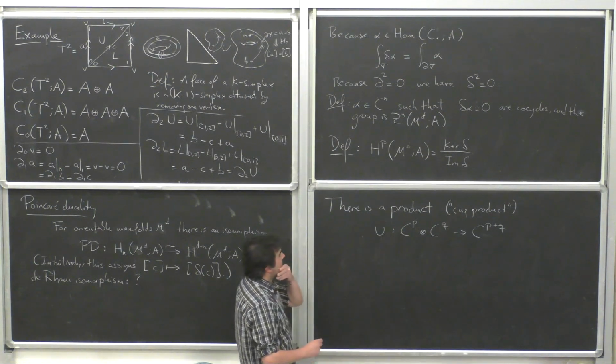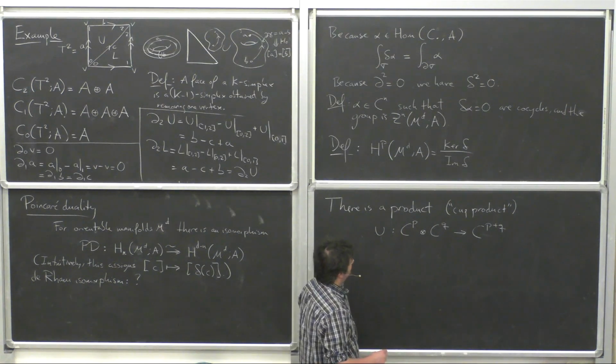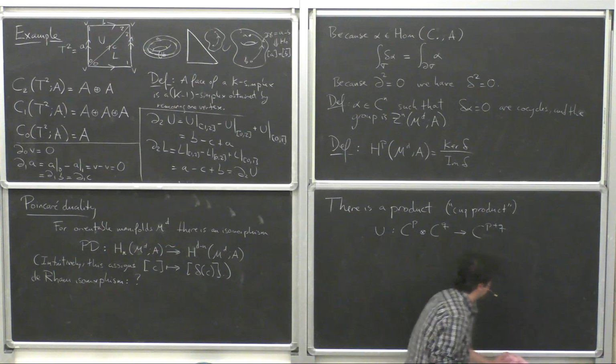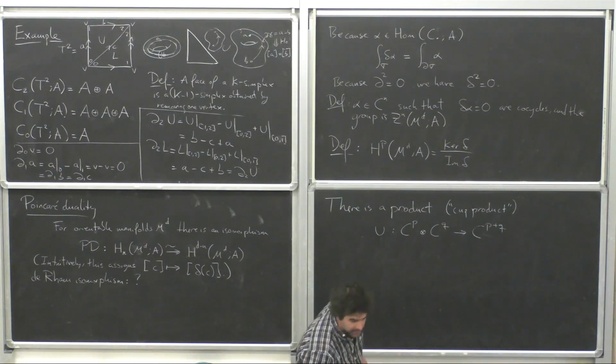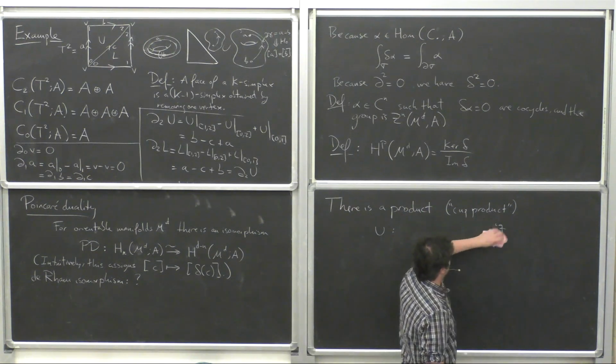Maybe let me be general. I was going to do this in two steps, but because I want to finish with this topic today, let me do the general definition from the beginning.